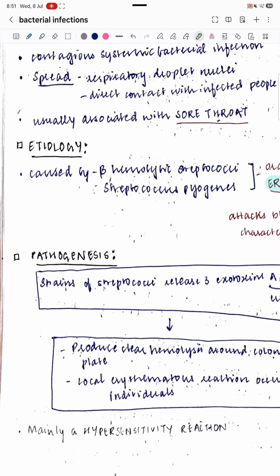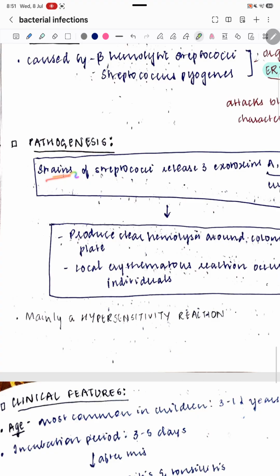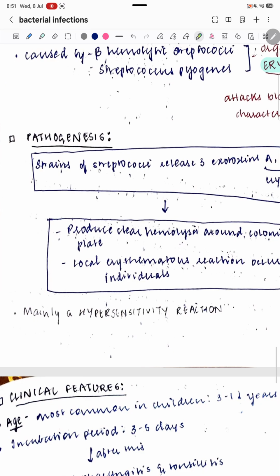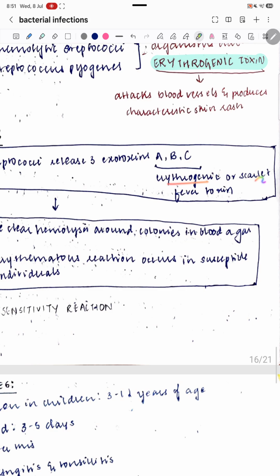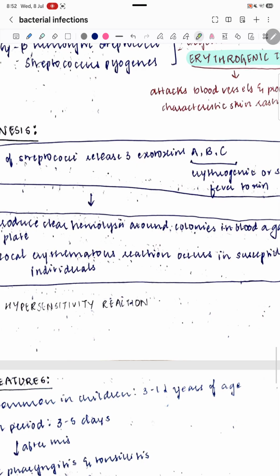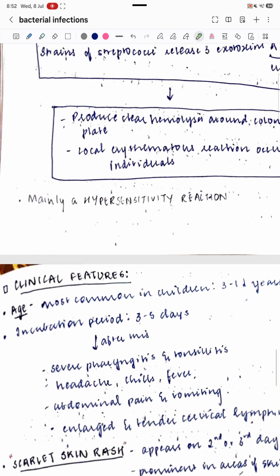Coming to the pathogenesis, how it causes illness: first, the strains of streptococci release exotoxins. What are those exotoxins? The exotoxins are A, B and C. The strains of streptococci release 3 exotoxins, which are erythrogenic or scarlet fever toxins.